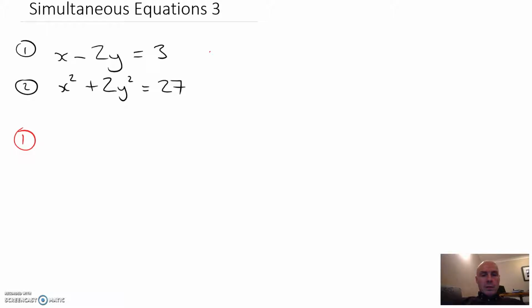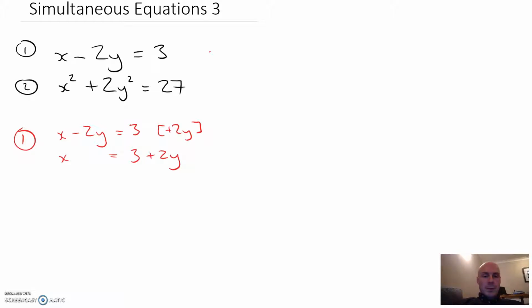We start with x minus 2y equals 3, and if we add 2y to both sides, we'll get x equals 3 plus 2y. So we've rearranged the equation, and now we've got x equals something. Okay, and that's the key starting point.